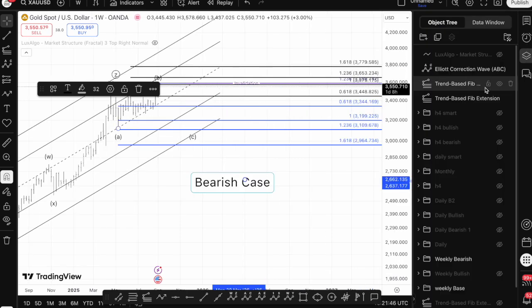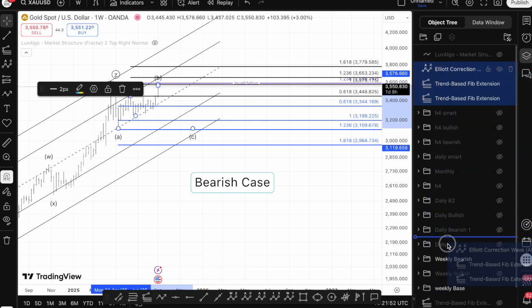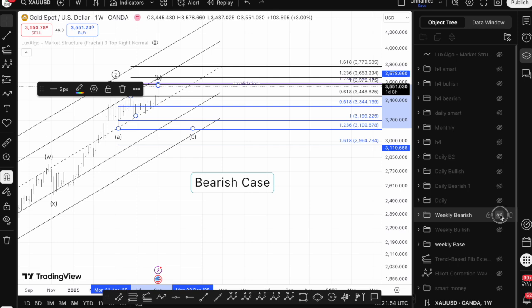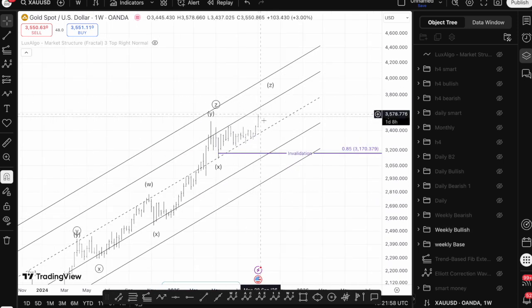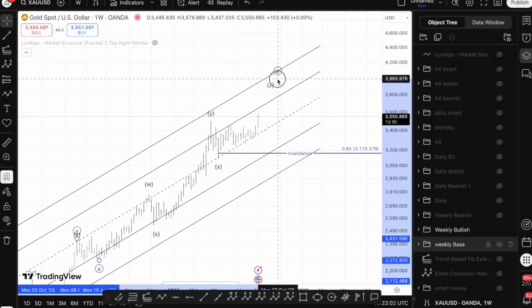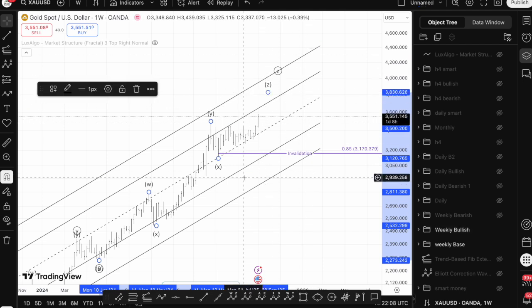Or the bullish count, which claims that leg Z has not finished yet, and we could be looking at anywhere within this channel for the target zone.